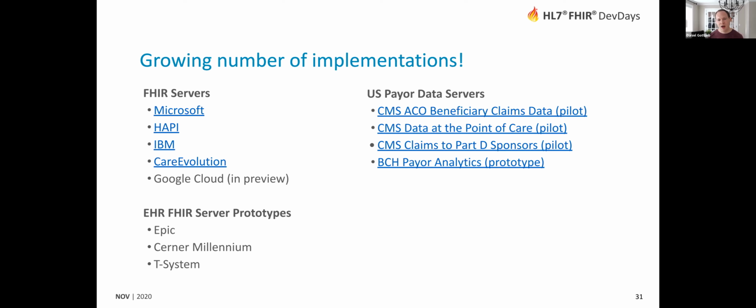And then lastly, Boston Children's Hospital has a neat prototype that combines clinical and claims data obtained through the bulk data API in FHIR to do things like calculate quality measures. And that's an open source project that you can play with.